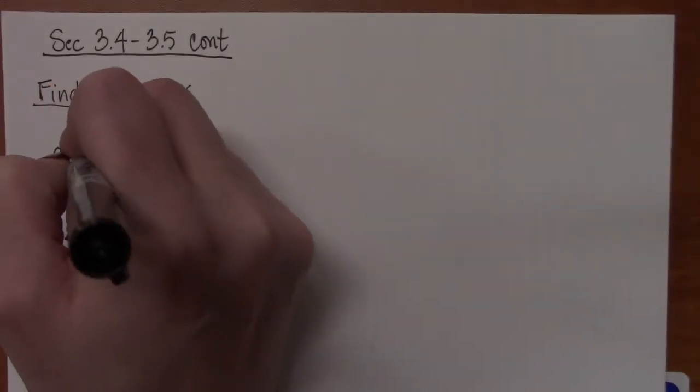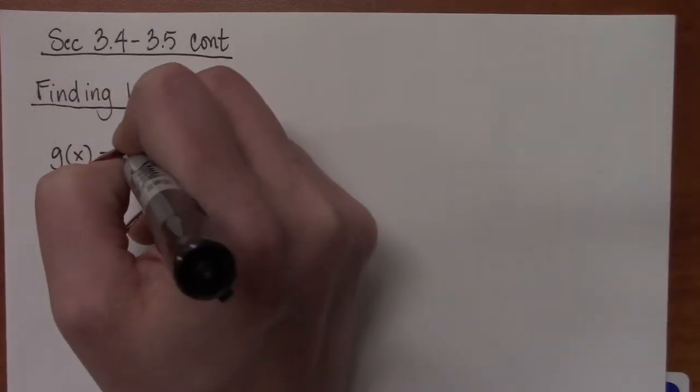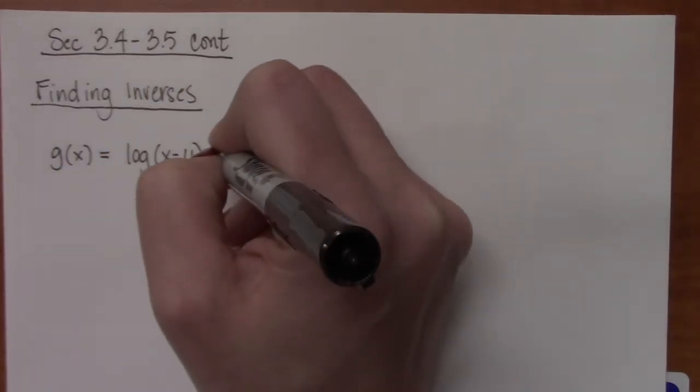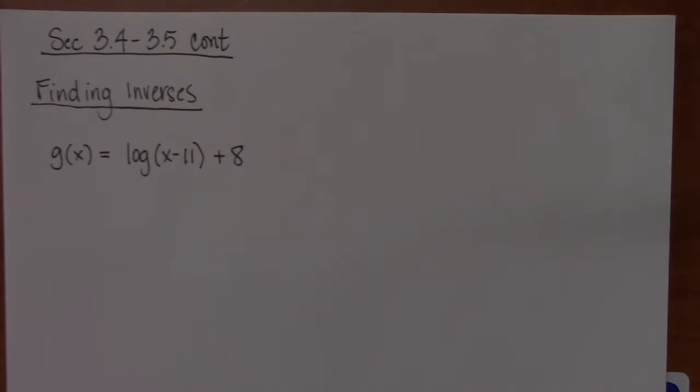So if we have g of x equals the log of x minus 11 plus 8, and we want to find the inverse of this. So just like we always do, we're going to rewrite the equation, swapping x and y, and then we're going to solve for y.